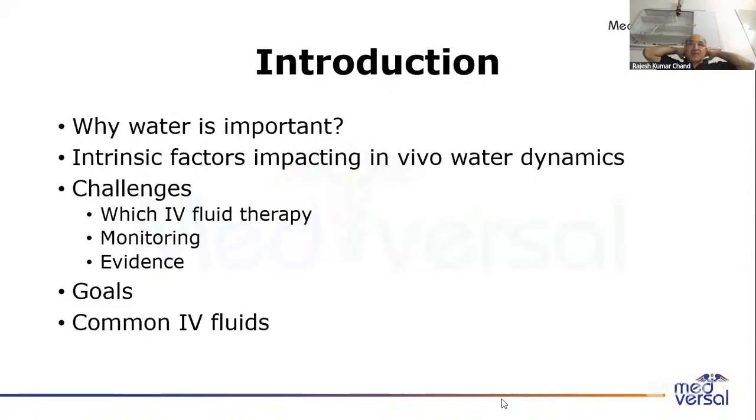Because the water in our body keeps moving between intracellular, extracellular and intravascular compartments. Total body water is 60 liters in an average adult, and our intravascular compartment contains only 5 liters. So there is a continuous dynamic movement of water, and the factors which impact it will be very important in modulating and influencing our fluid therapy.